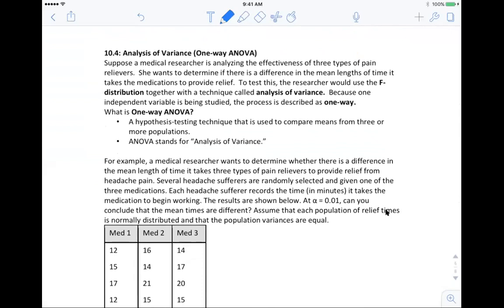So we've compared means of 2 populations, but this one is a technique used to compare means of 3 or more populations.